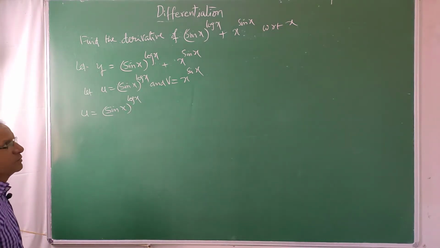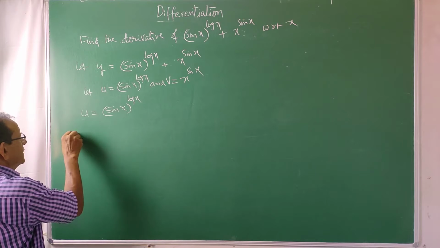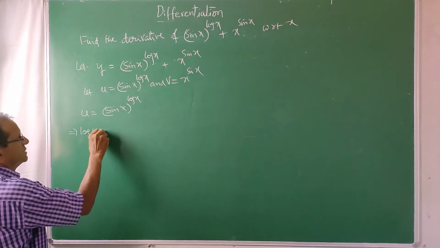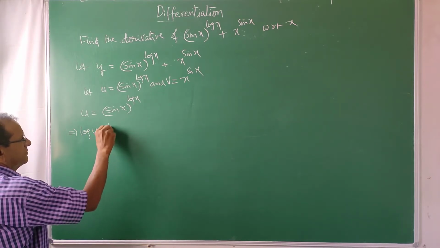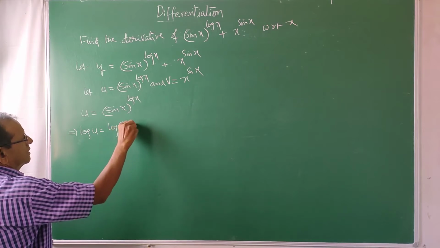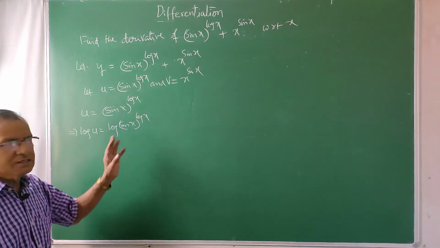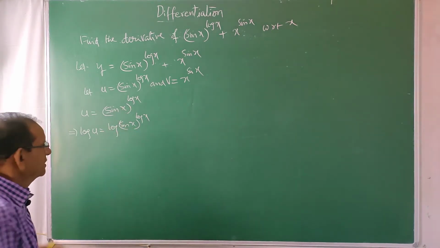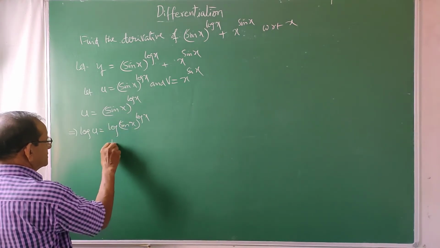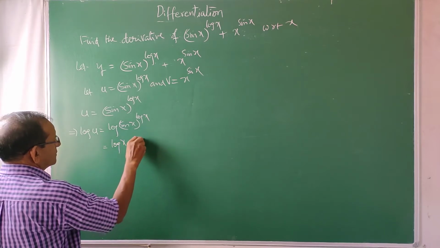Take log on both sides, implies log u is equal to log of sin x whole power log x. Log m power n is n log m. This will become multiple. That is log x into log of sin x.